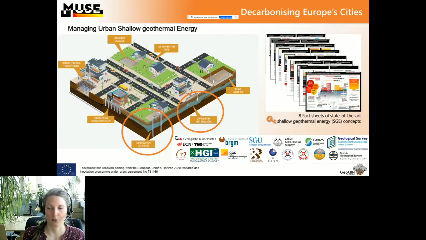In fact sheets, we summarized state-of-the-art concepts that all use shallow geothermal energy. In our further work, we also focused a little bit more on borehole heat exchangers and on groundwater heat exchangers. Those are the two most common types that are used in Europe.